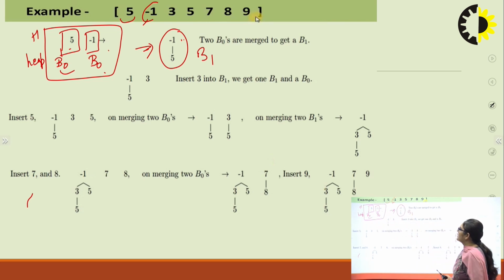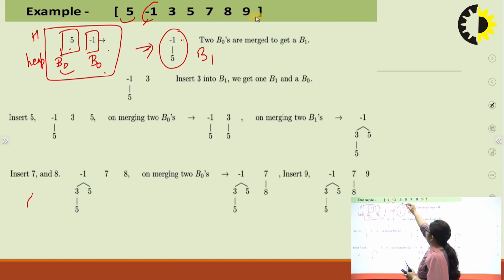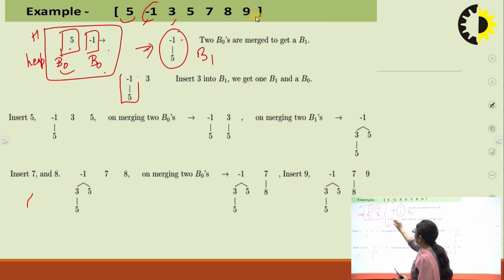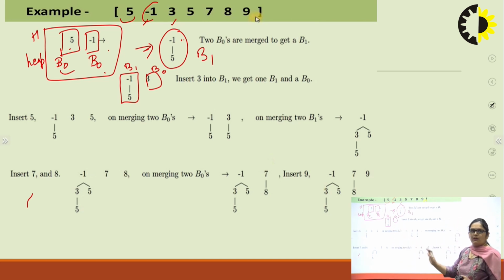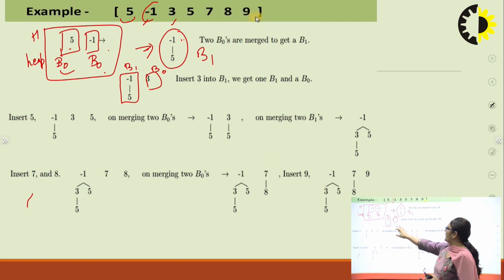Now the next value that we have to insert is 3. Right now we have a binomial tree of order B1, and for 3 we create a binomial tree of order 0. Both are trees of different orders, so both can be allowed in our heap, and there is no need to unite them.